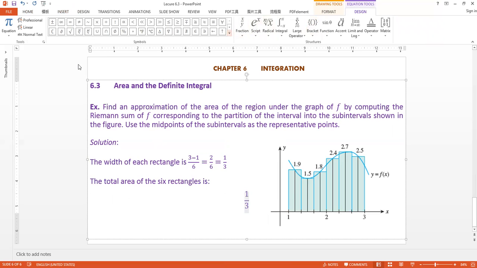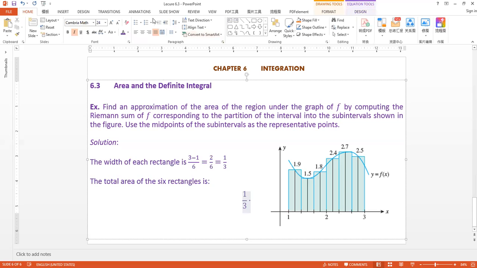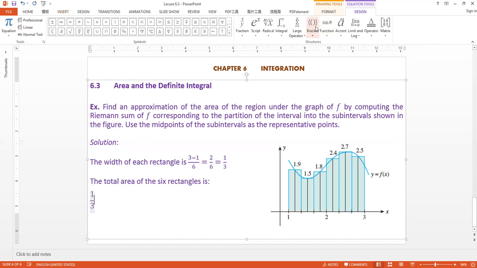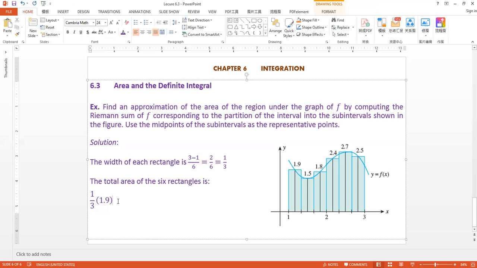Then we plug in the height for each rectangle. The first rectangle has height 1.9, so we multiply 1/3 by 1.9.